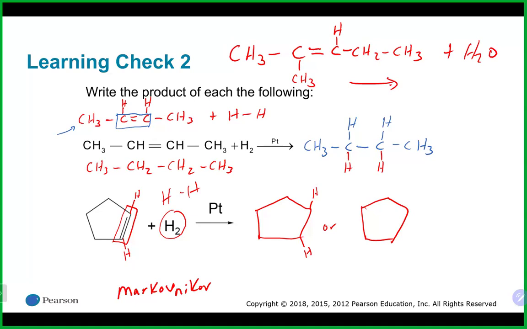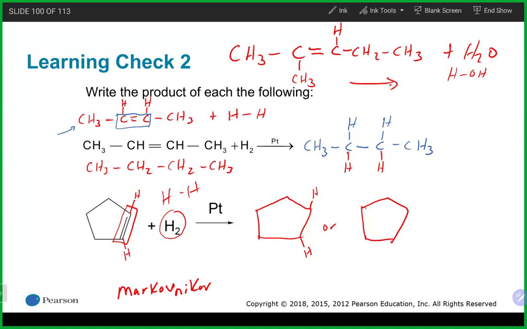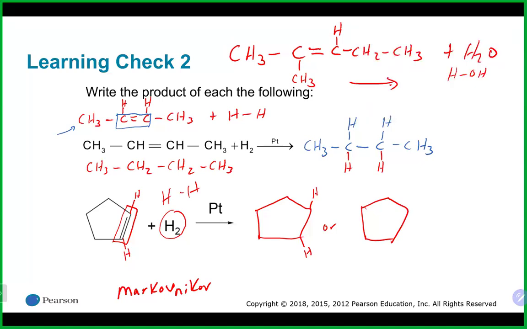All right, top one, we're adding water, and water here is going to be our H and OH, and we're again still only going to focus on our double bond, which is right here. And nothing else is going to change. So we can, again, just copy it directly like it is.